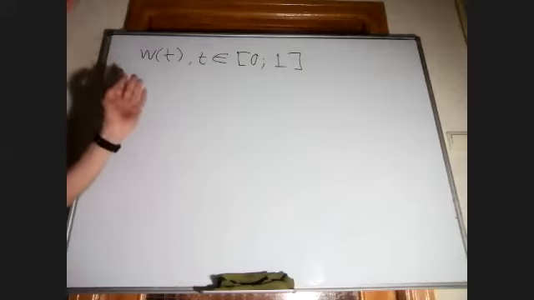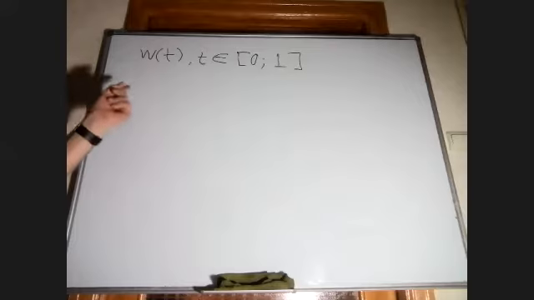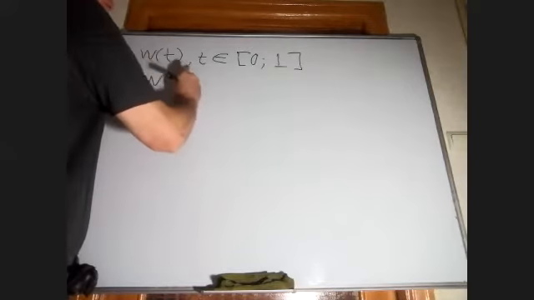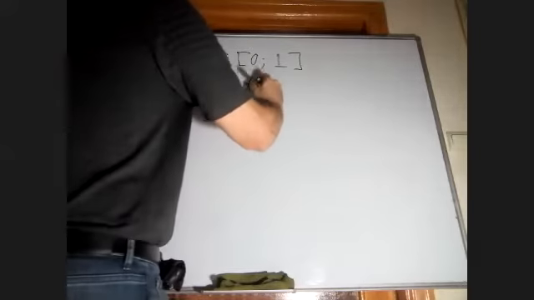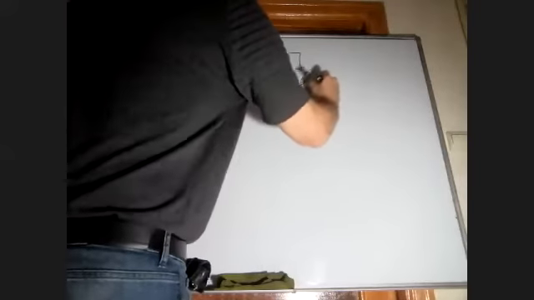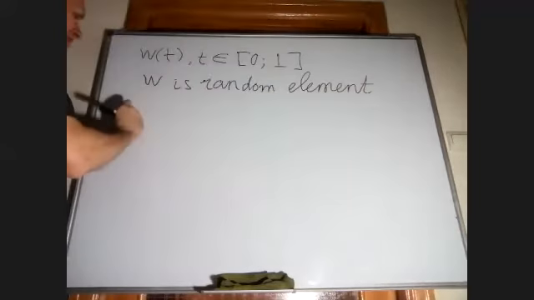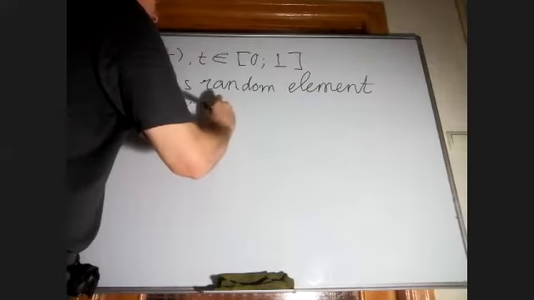We know that W has continuous trajectories, so one can consider W as a random element in the space C[0, 1].